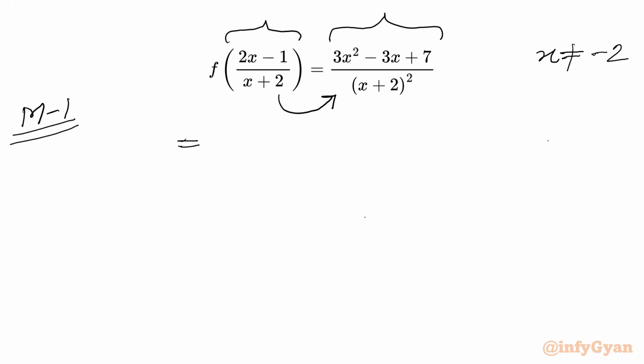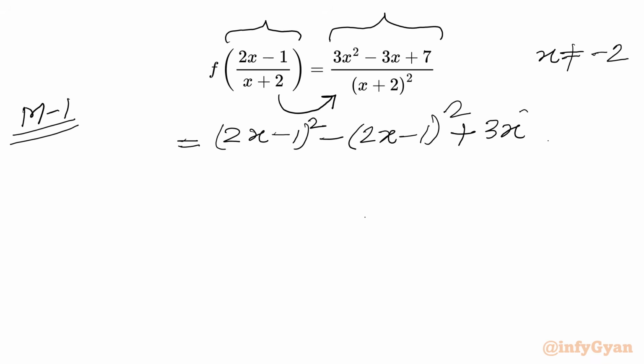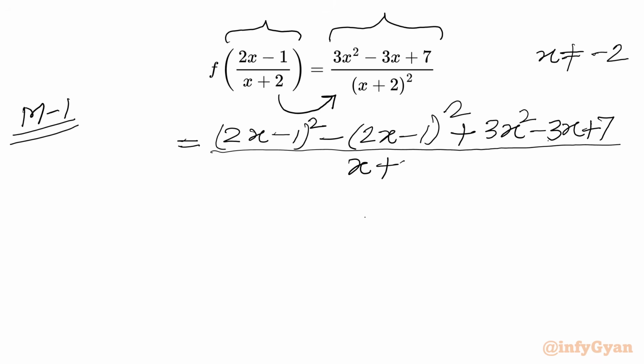So we'll write our numerator (2x - 1)². Then we have to subtract the same (2x - 1)². We have 3x² - 3x + 7, and in the denominator we have (x + 2)². Now we will be expanding (2x - 1)².